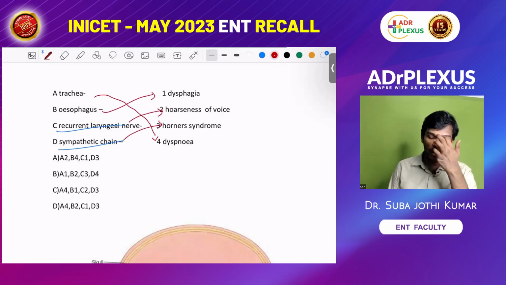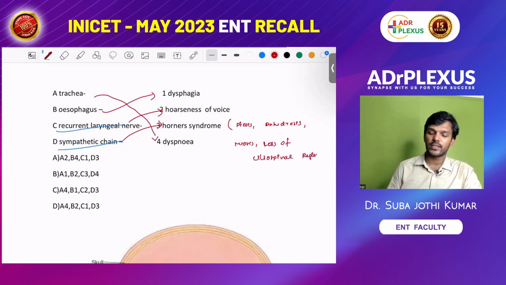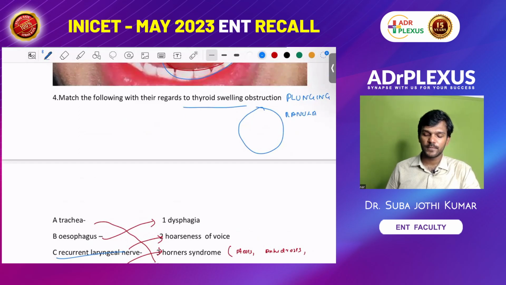If the sympathetic chain is affected, you will get Horner's syndrome, where you will get ptosis, anhidrosis, miosis, loss of ciliospinal reflex. All right. So that's how match the following works. Clear?